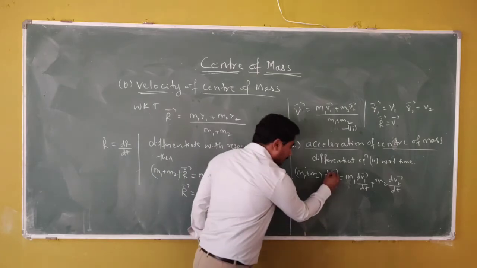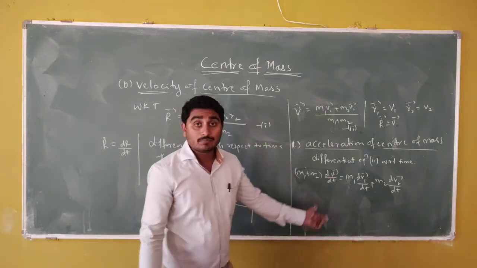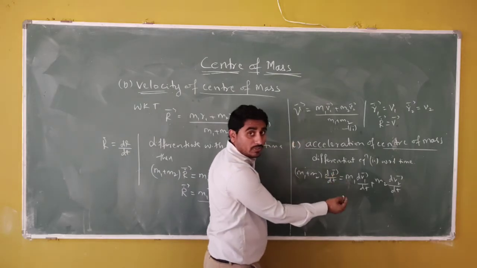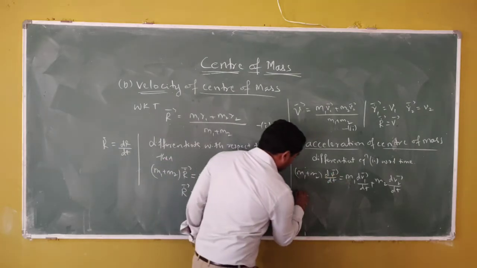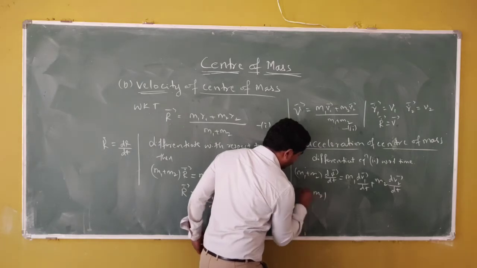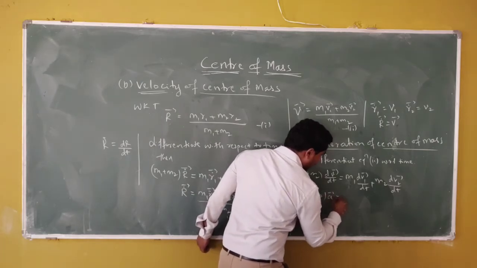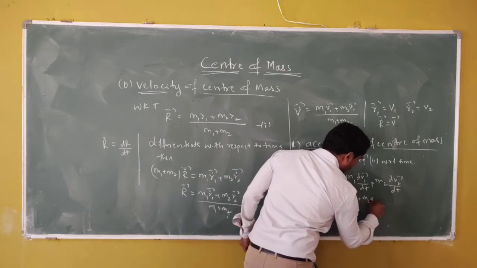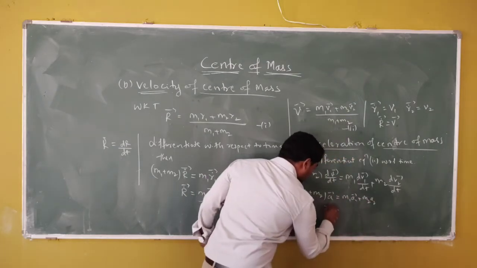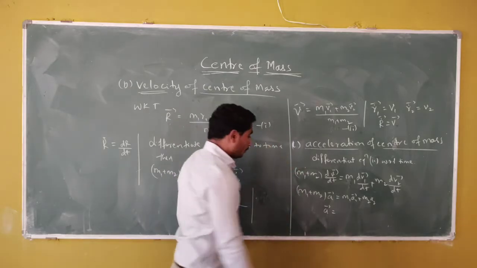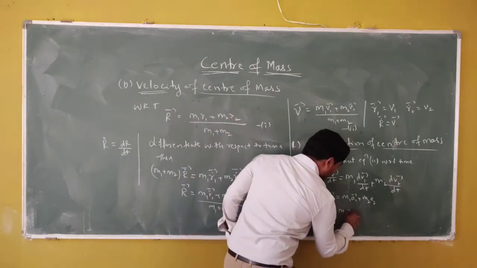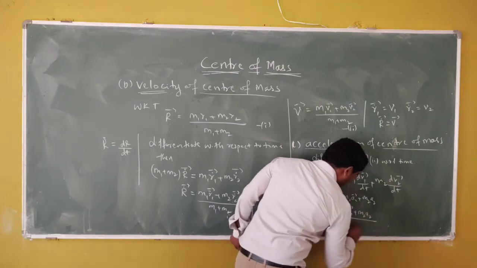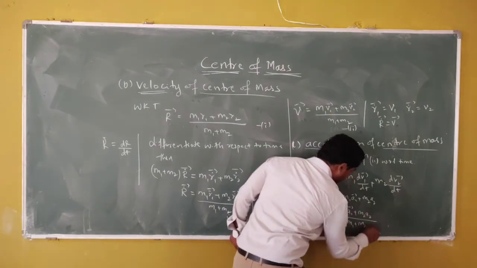Alright, and this dV by dt is nothing but the acceleration term. The rate of change of velocity with respect to time is nothing but acceleration. So m1 plus m2 times a equals m1 a1 plus m2 a2, and the acceleration a is equal to m1 a1 plus m2 a2 divided by m1 plus m2.